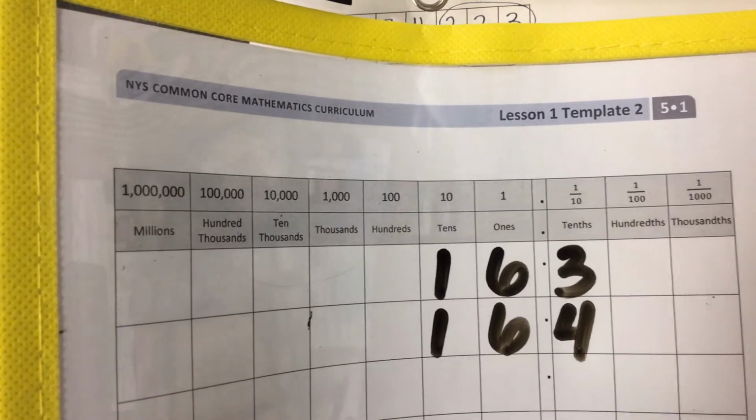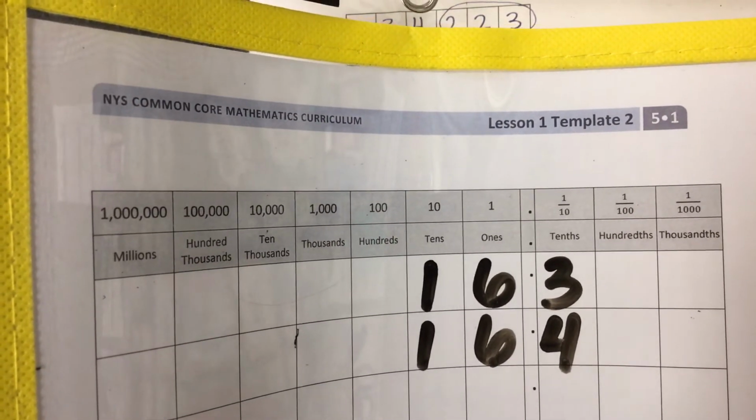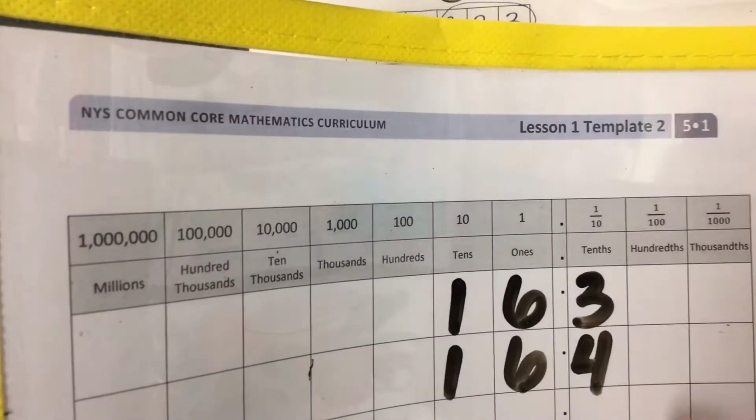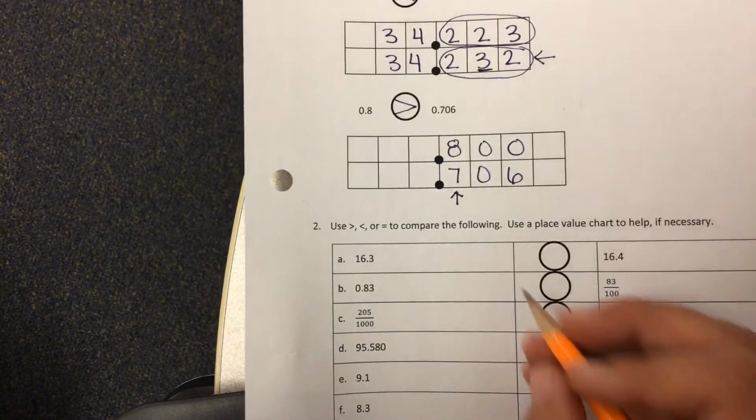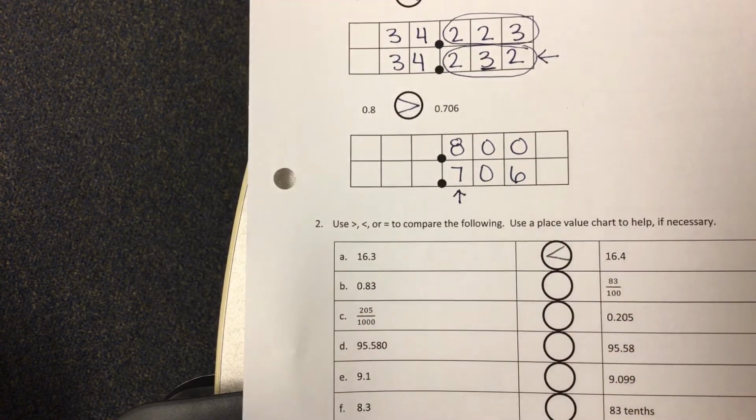Well, the 1s are equal, the 6s are equal, but when I get to the tenths column, that 4 is going to be that bigger number. So that 16 and 3 tenths is less than 16 and 4 tenths.